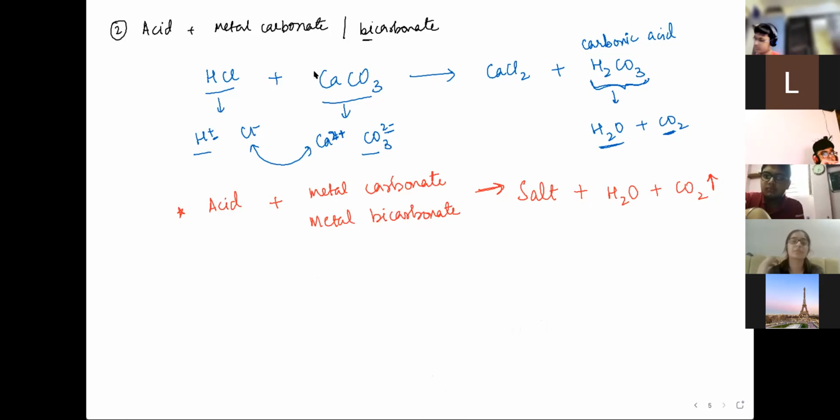Okay, let's practice this reaction. Let's take sulfuric acid plus our friend, the baking soda, NaHCO3. What will the products be?